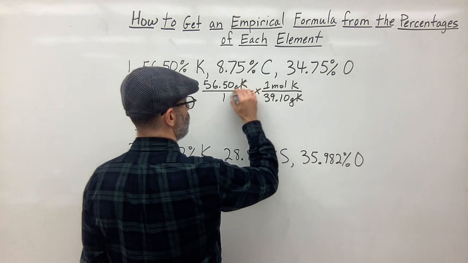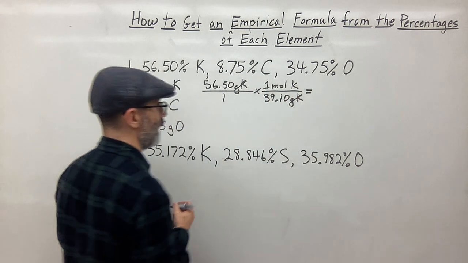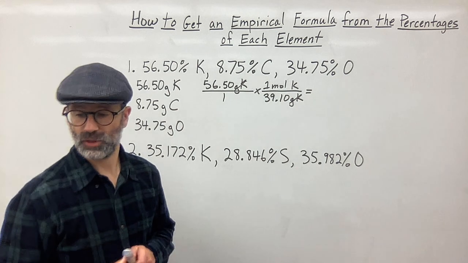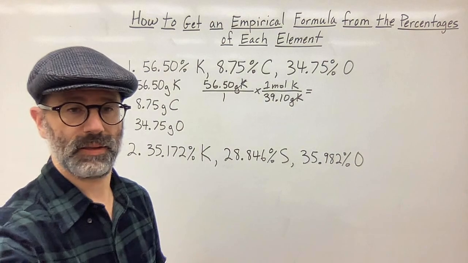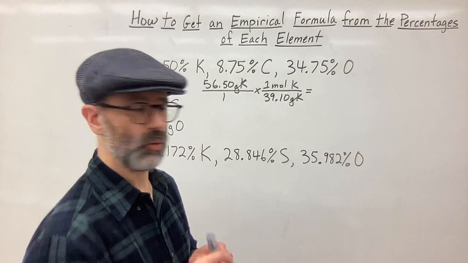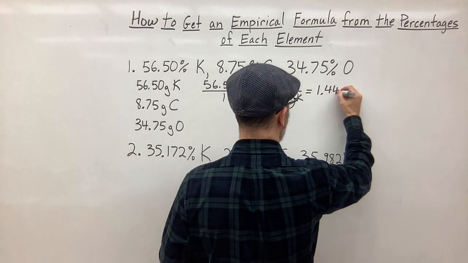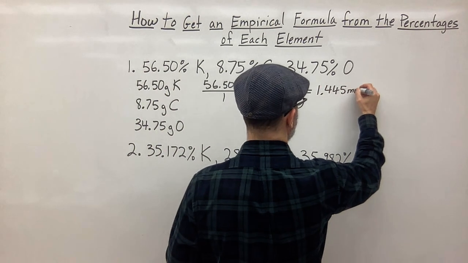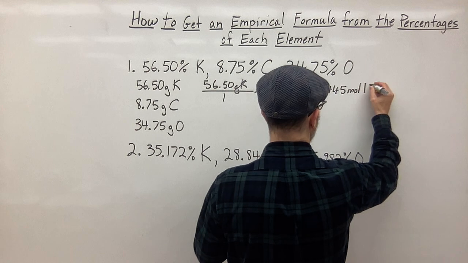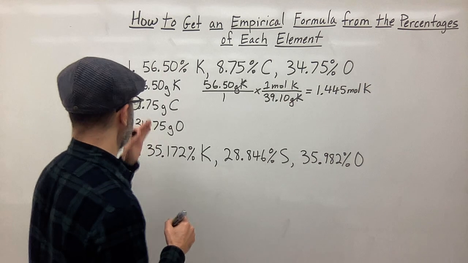The grams cancel out, and we can calculate the number of moles. We get 1.445 moles of potassium.